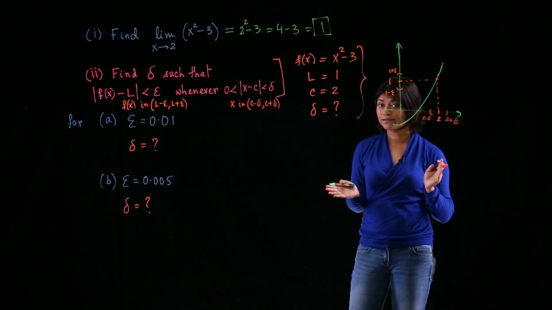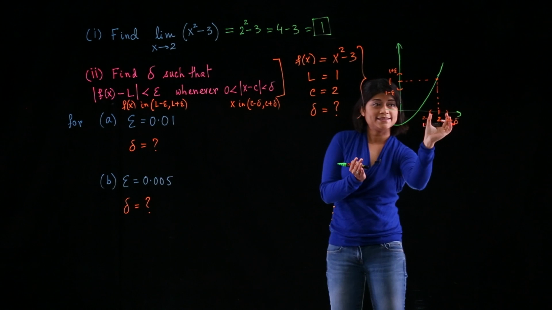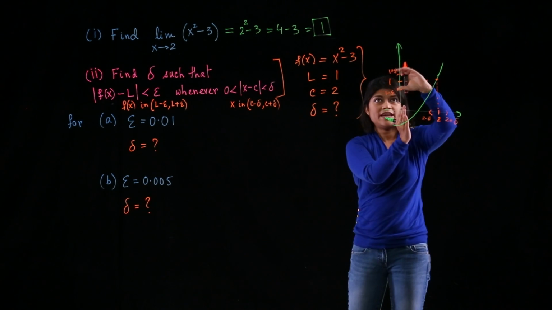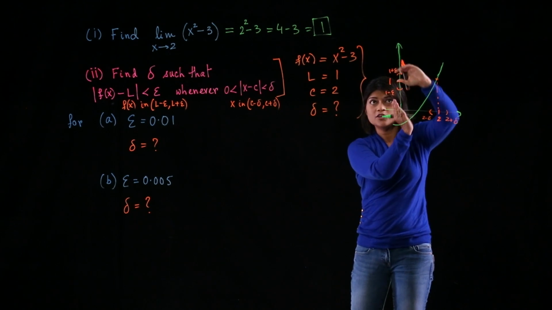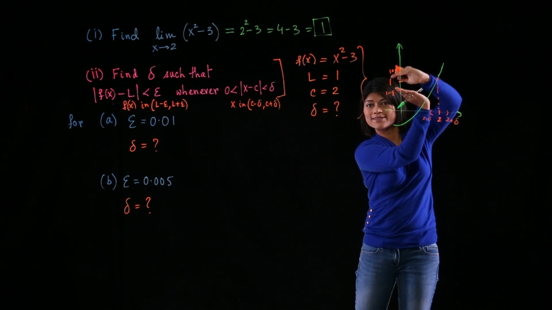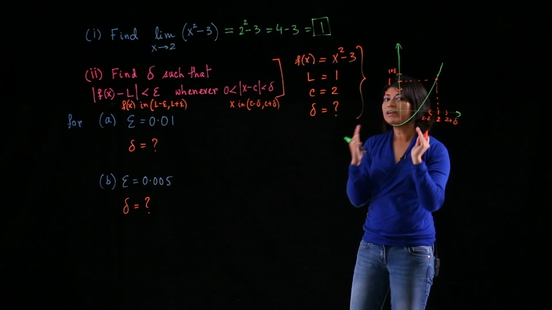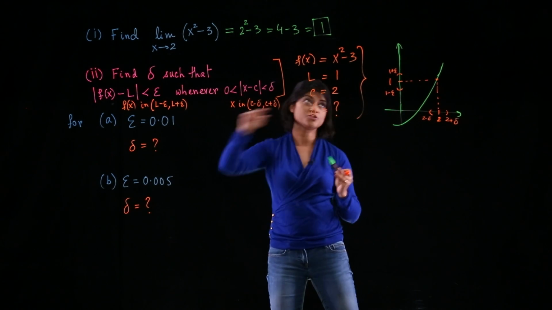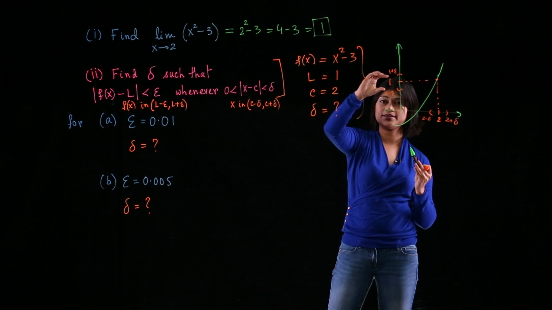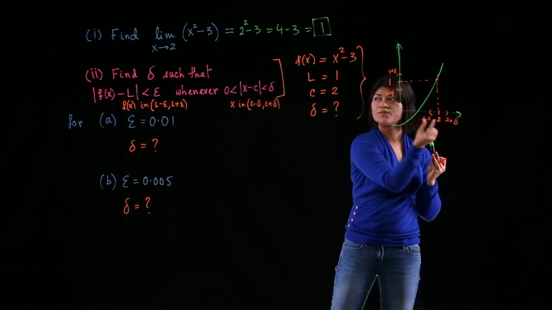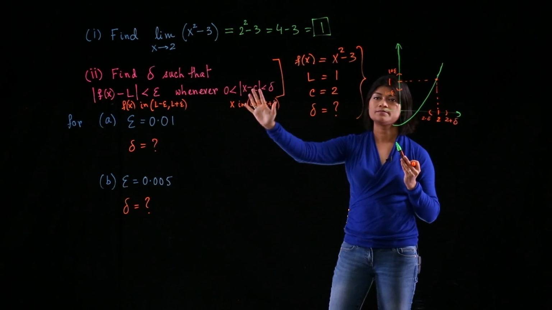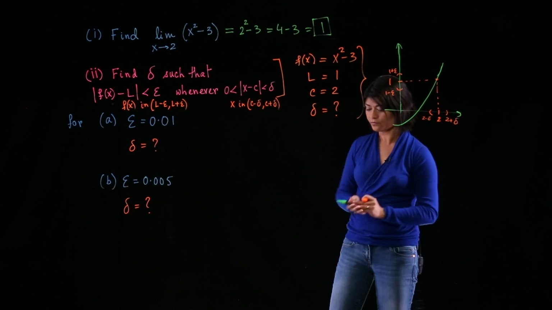That's what it says. Because as x is getting close to 2, f of x will get close to 1. So if we reduce this neighborhood here, this neighborhood has to be reduced as well, right? So given this epsilon, this length, what should delta be so that this statement is correct? That's what we're trying to find here.